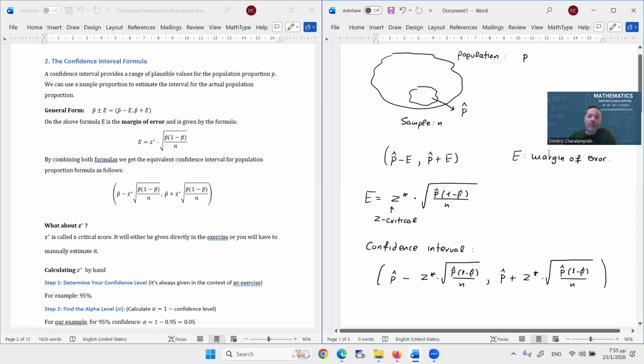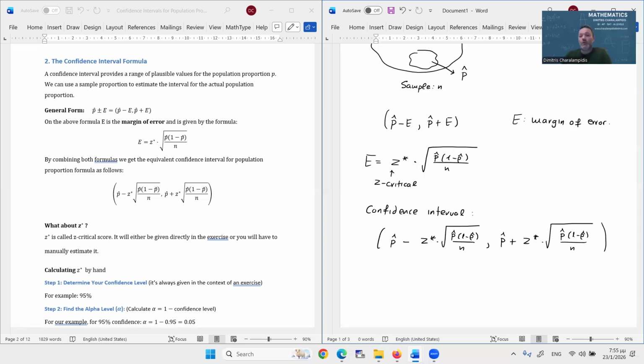Let's see, what do we know? Obviously, the sample size is something we know. Obviously, we will be able to know the sample proportion, which means the proportion of all the individuals within the sample that have that specific characteristic we're talking about. So, what is left?